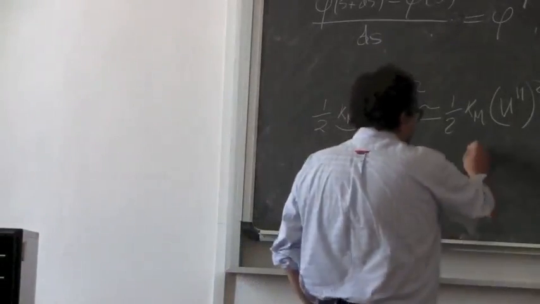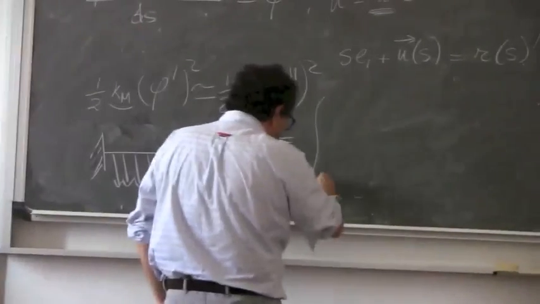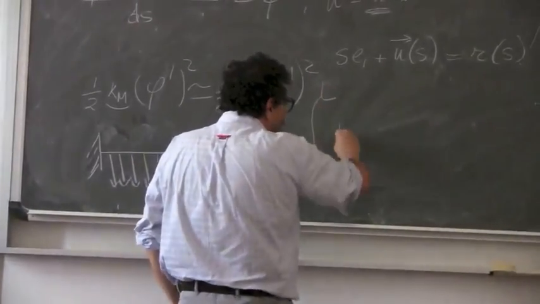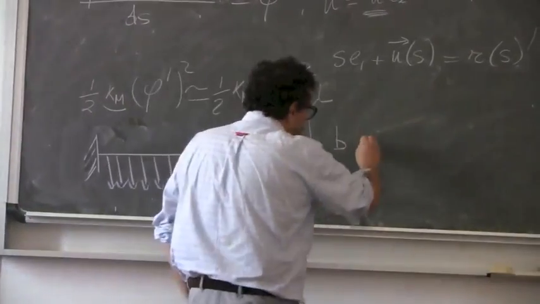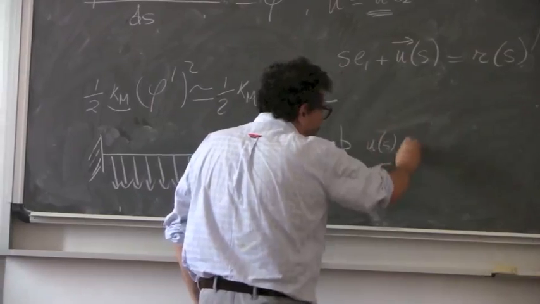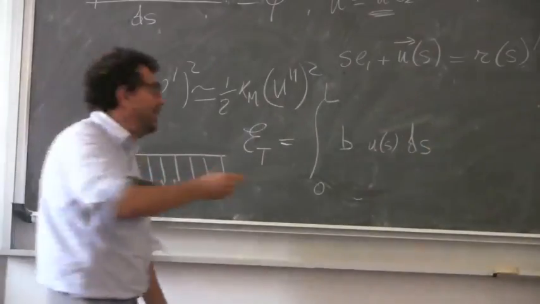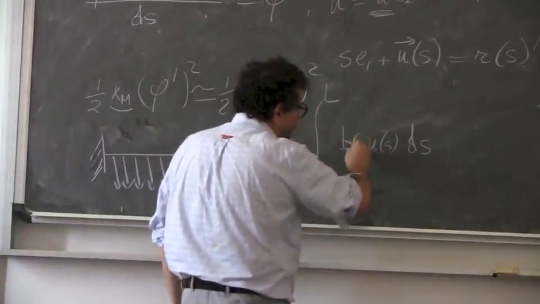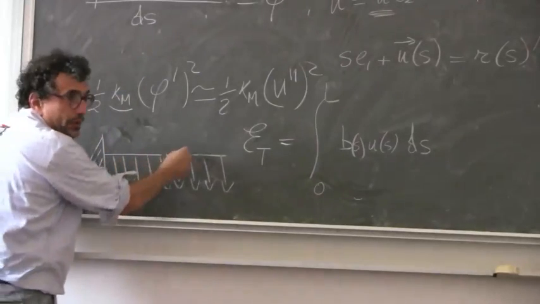So, total energy equal integral between 0 and L of B, the force per unit line, times U of S, ds. We assume that B is a function of S. You can have a different force in different points.